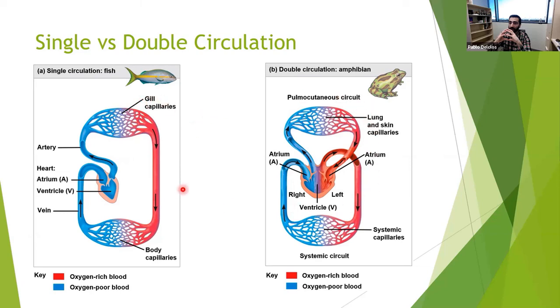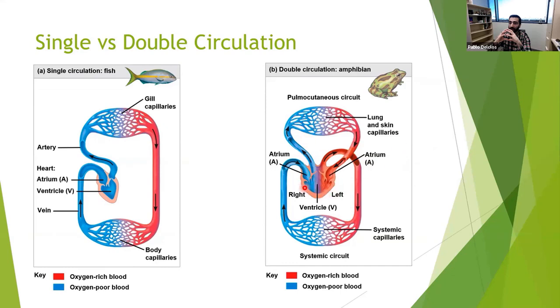Now, in other organisms like amphibians, reptiles, and mammals, they all have double circulation. In this case, you really want to look at the figures to differentiate the two. Having both pumps within a heart will simplify coordination of this pumping cycle.